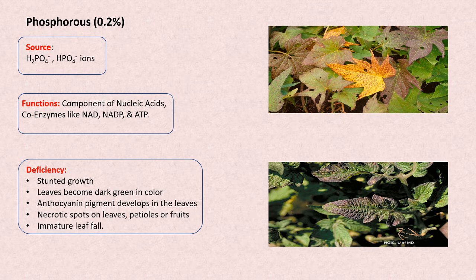So phosphorus is observed in the form of phosphate ions and biphosphate ions, H2PO4 minus and HPO4 minus ions. Okay, then what are the functions of phosphate within the plant body? We will see.